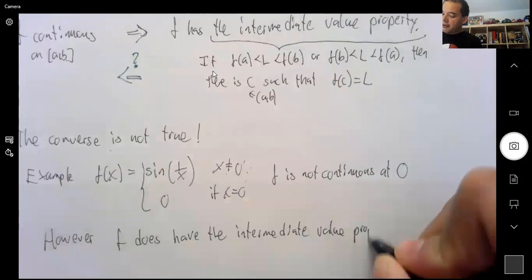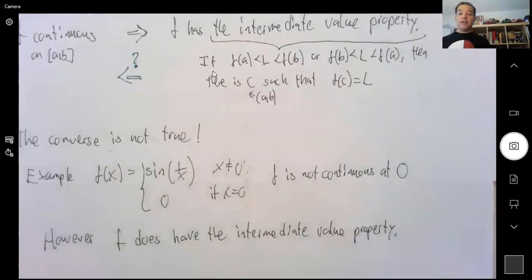Of course, right? Because the only point where it is not continuous is 0. So if you pick any interval that doesn't have 0, then it's going to work by continuity. And if you pick 0, near 0 it oscillates like crazy. So it takes all the numbers between -1 and 1 arbitrarily many times.